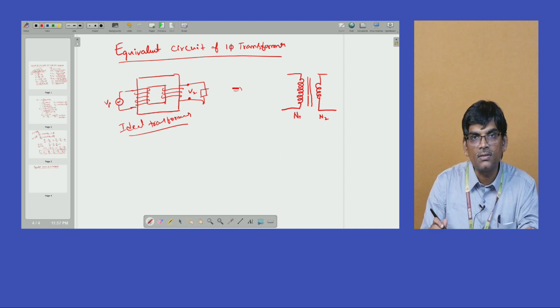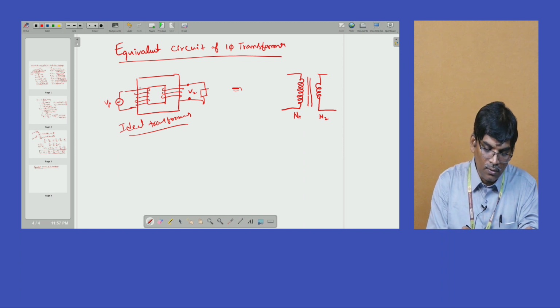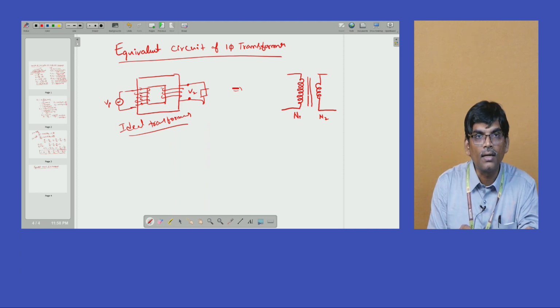So, automatically there are no ohmic losses, and also, however much flux is set up by the primary coil, the entire flux is linked by the secondary coil. Similarly, however much flux is developed by the secondary coil carrying load current, that is also linked by the primary winding. So, there is no leakage flux. Because of this reason, and also the reluctance of the core is almost zero, it should be zero.